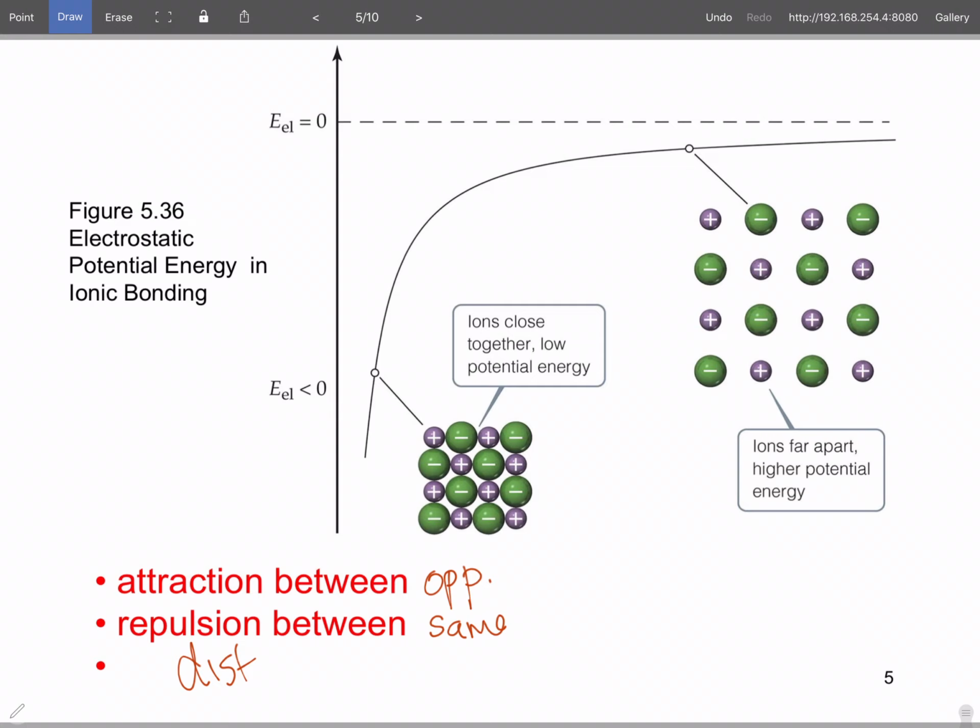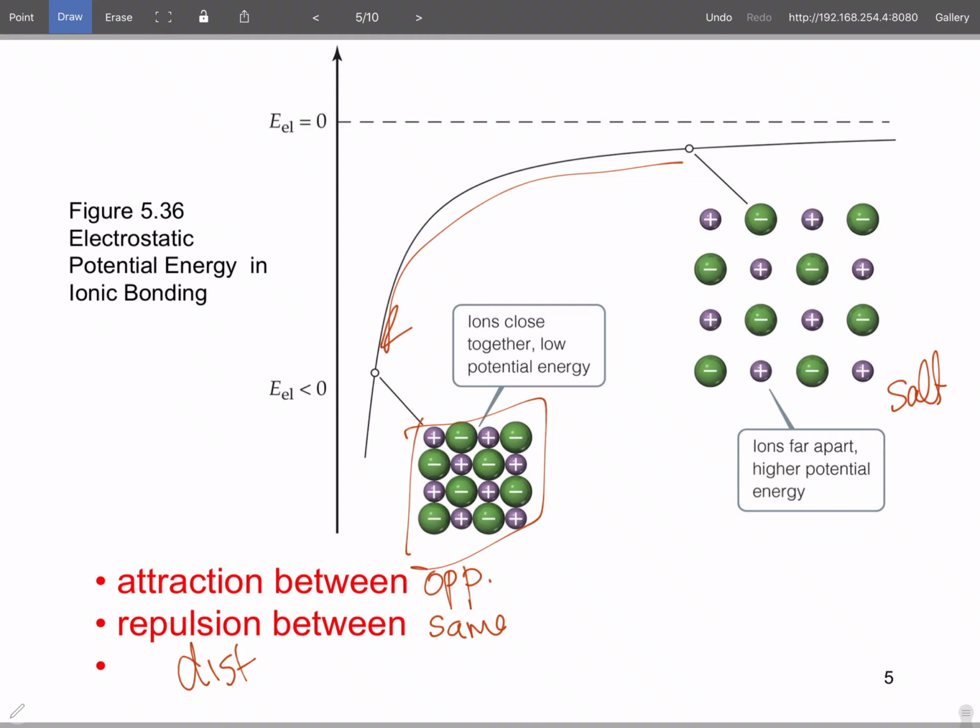So how does this work? Well, as particles in a salt, remember this is an ionic compound, come together in an array and pack, the packing is a function of the size, distance between the particles, and the charges. So as they pack closer together, then you have a decrease in the energy.